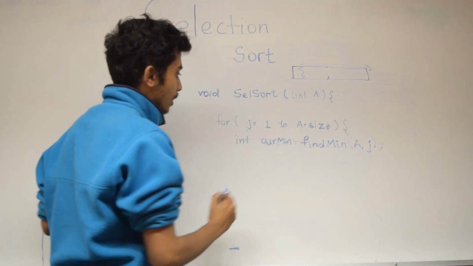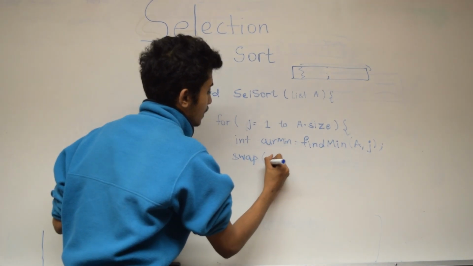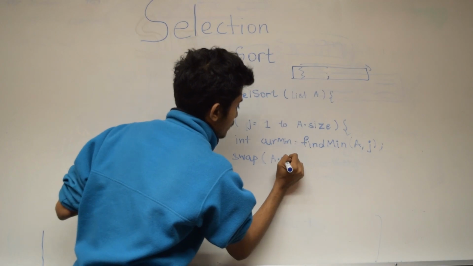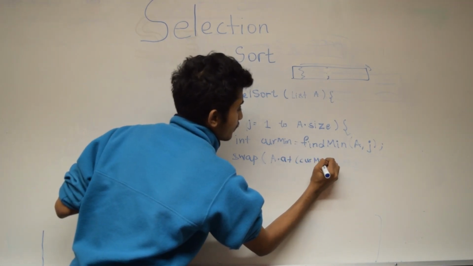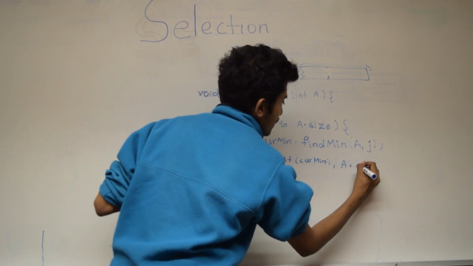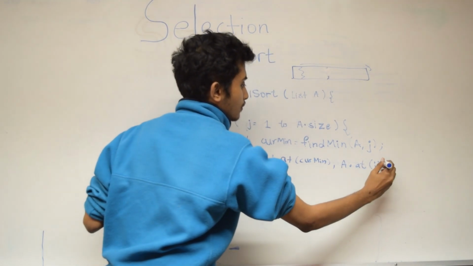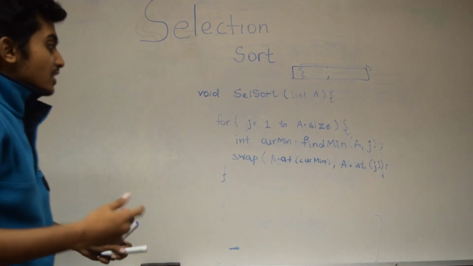We're going to have to swap the element at cur_min with the element at j. Now, that's it. That is selection sort.